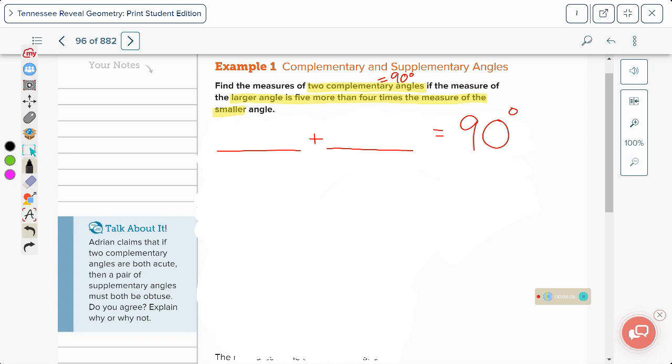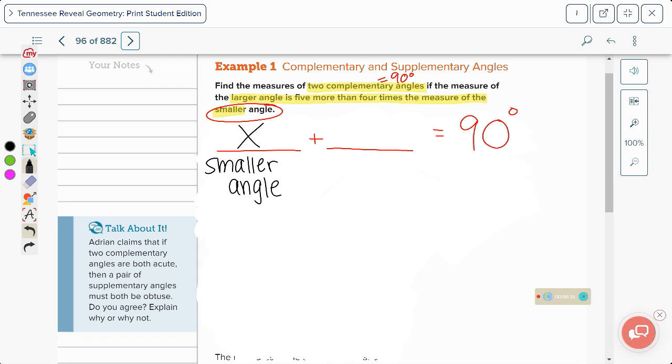The smaller angle is what's being used to compare the larger angle to, right? It's saying the larger is 5 more than 4 times the smaller. We don't know what the smaller angle is. So I'm going to go ahead and call that x. We don't know what it is. Anytime we don't know something in math, we're going to assign a variable, okay? So this is the smaller angle.